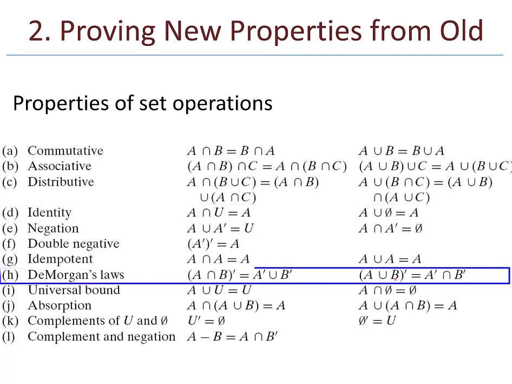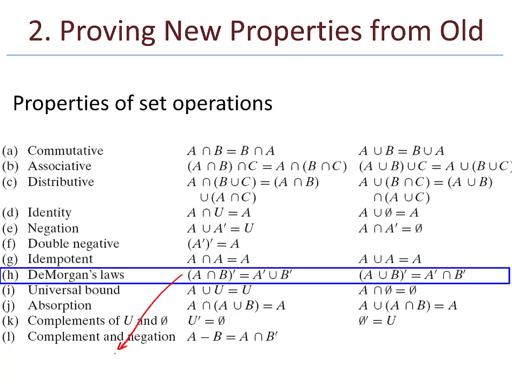And another one that comes up a lot is De Morgan's laws. The complement of A intersect B is A complement union B complement. That is a lot like something we saw in logic, also called De Morgan's laws, coincidentally. How did it go?